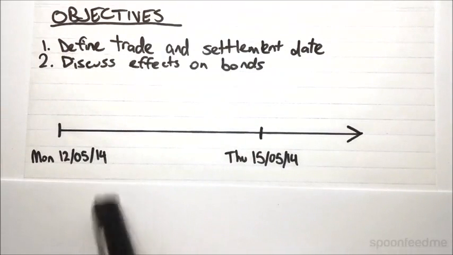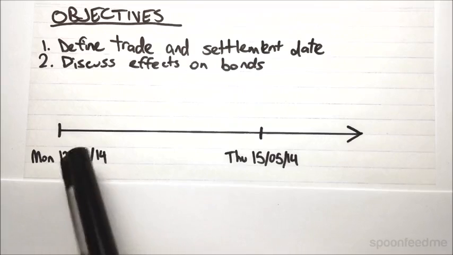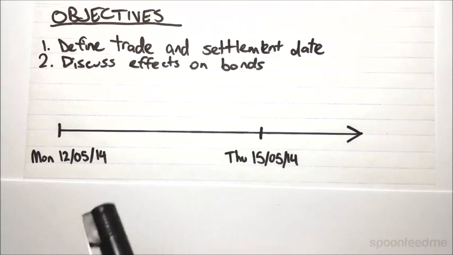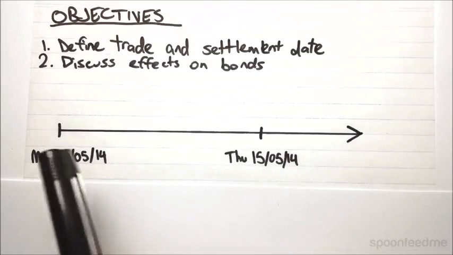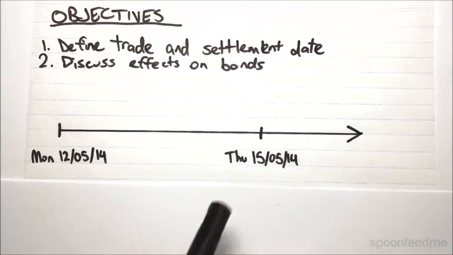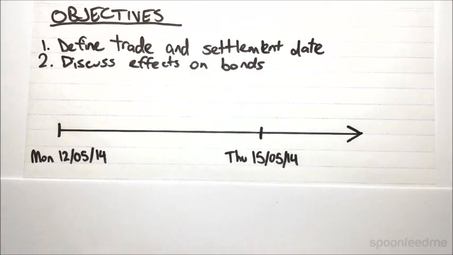The selling of a bond you can sort of think of as occurring in two stages, or on two key dates. The first date is when the two parties involved, the buyer and the seller, come together and actually agree on the terms of the bond. They agree on what the price is going to be, the face value, the coupon rate, maturity, and so forth.